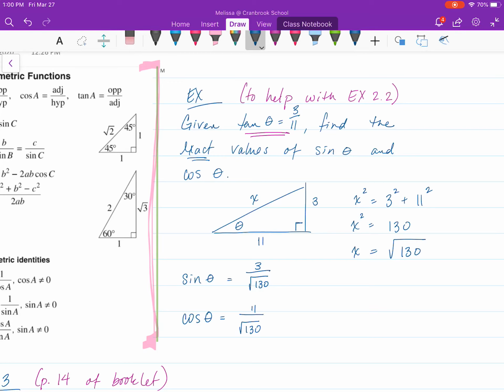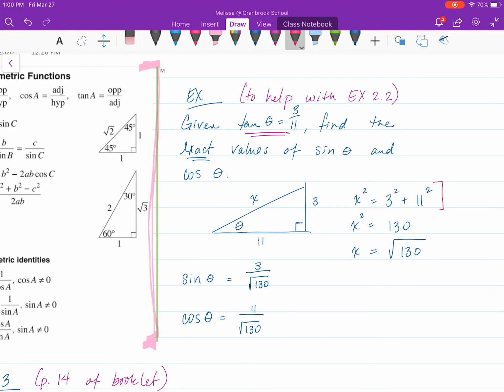And that is all they want. And perhaps I might have needed to touch my calculator to calculate 3 squared and 11 squared and add them together, but you're not meant to calculate the square root of something if it isn't a perfect square number.